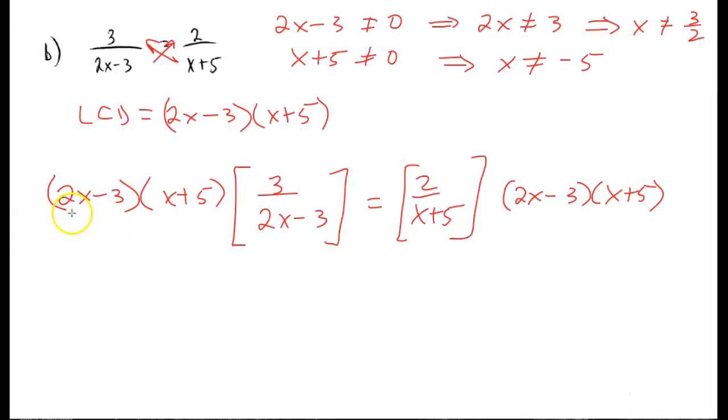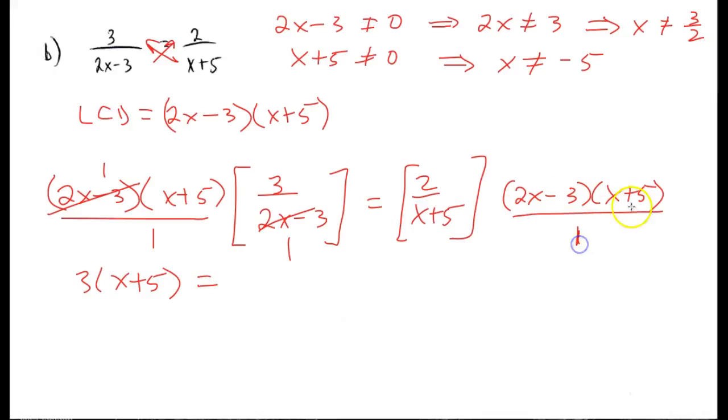Since they're common factors, we can put this over 1 and bring all that together. So this and that will reduce to 1, and we just write what's left, which will be 3 times x plus 5. And then on the right side, the same thing.